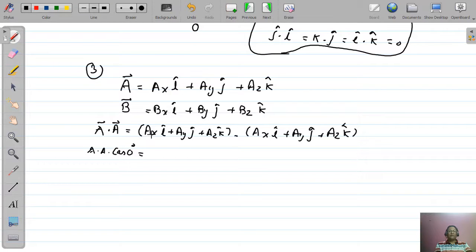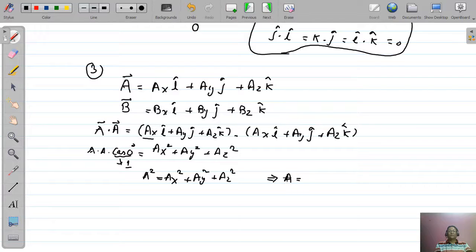That means we will find only three terms: ax into ax because i dot i is 1, ay into ay because j dot j is 1, and az into az because k dot k is 1. That means we will find ax square plus ay square plus az square. Cos 0 is 1, so A into A, that is A square, equals ax square plus ay square plus az square.